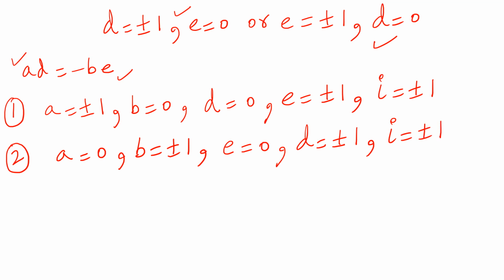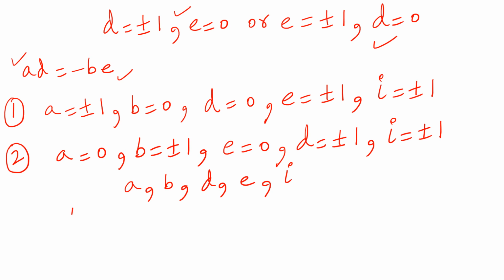Now students, to find the total number of possible matrices Q, we need to provide values to the 5 variables, and they are A, B, D, E and I. Because the rest of the variables are all equal to 0. That is, the values of C, F, G and H, they are 0.